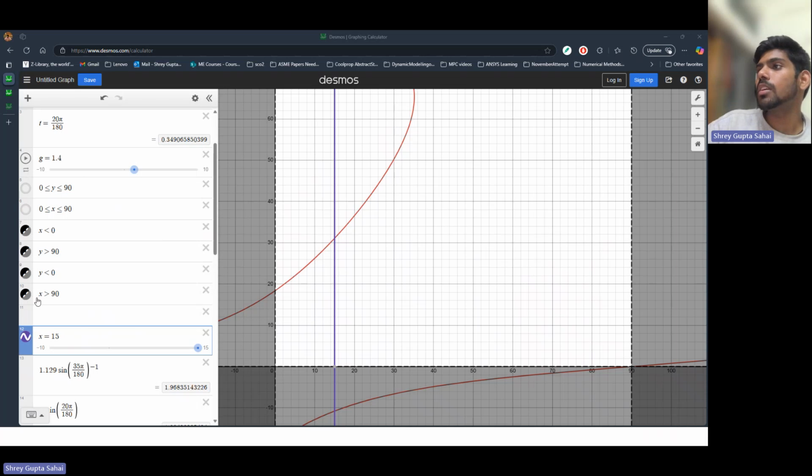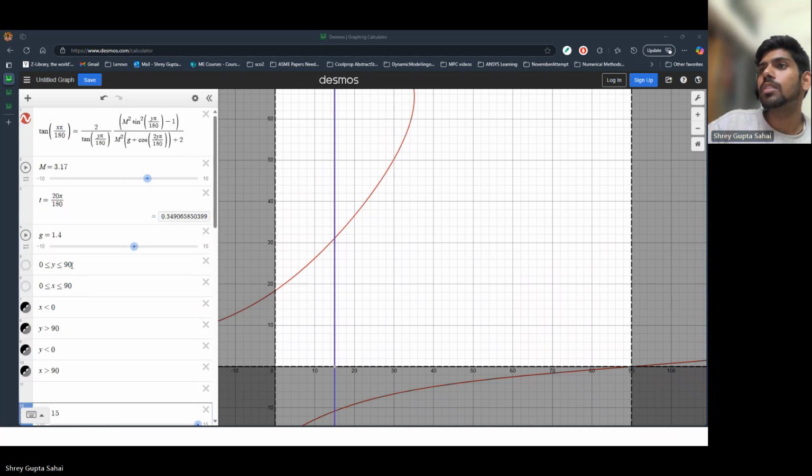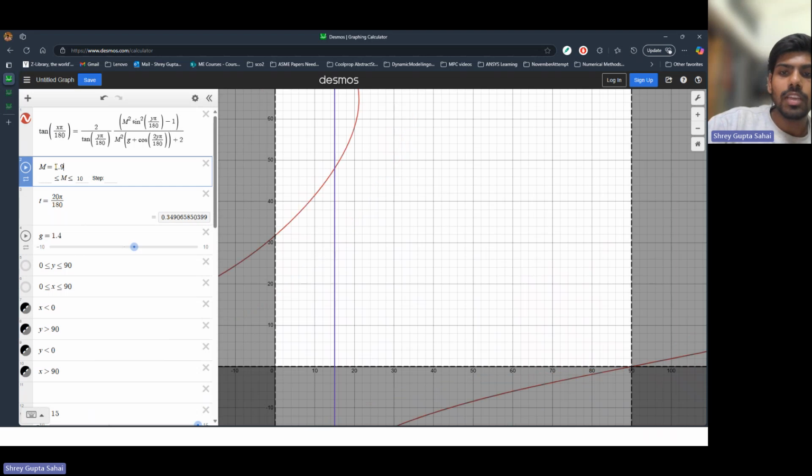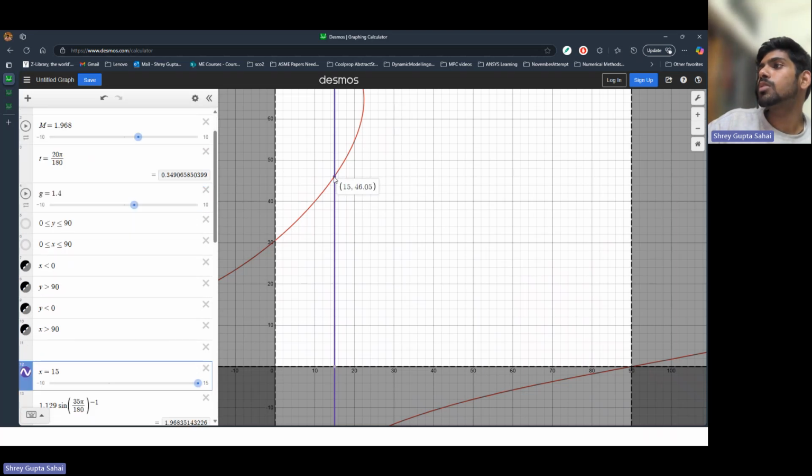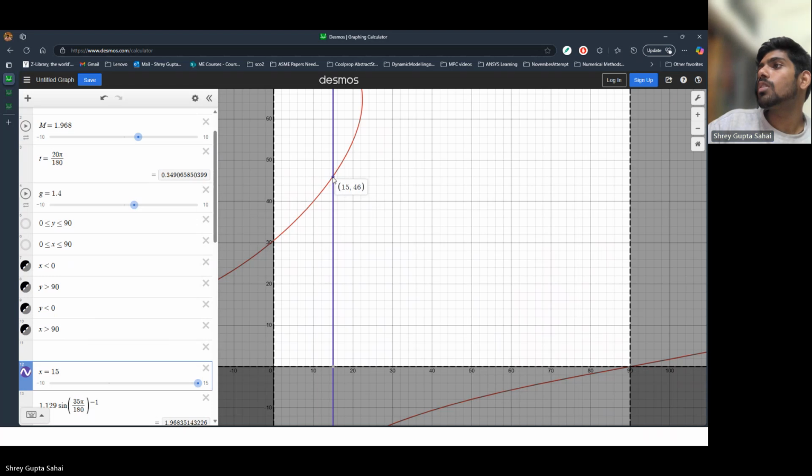And what is the value at 35? So this one is 1.968. This beta value corresponds to 46, which is very far away. So we know that it is closer to 30, somewhere around 30, right?